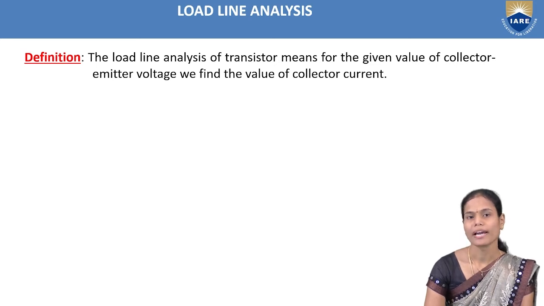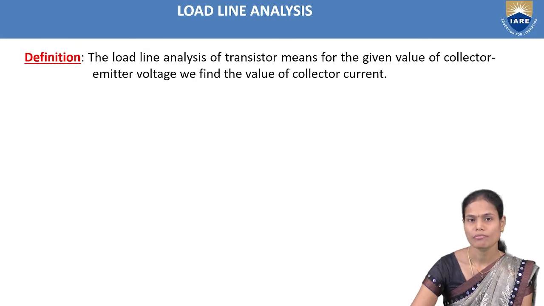But in the case of AC load line, along with the biasing voltages, that is forward bias to the emitter base junction and reverse bias to the collector base junction, generally used for the active region of the transistor, we can also provide the AC signal to the amplifier.